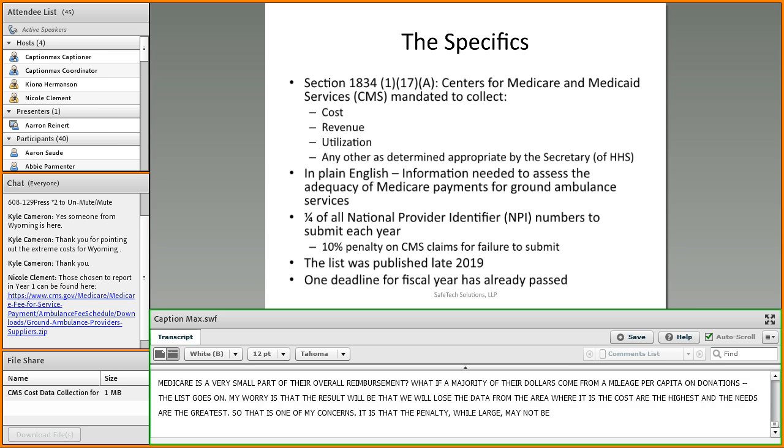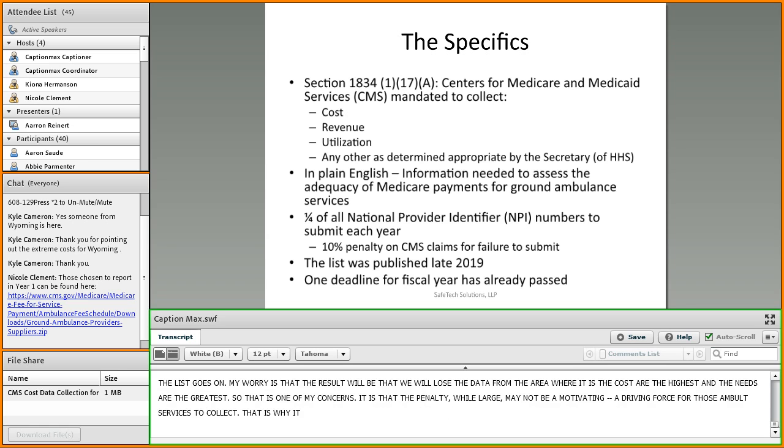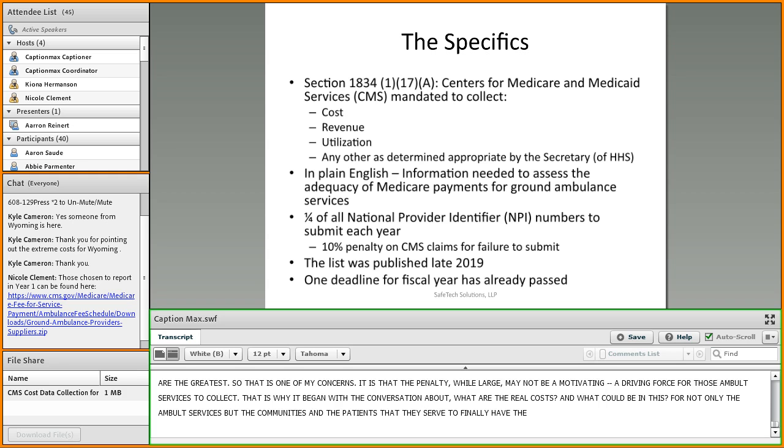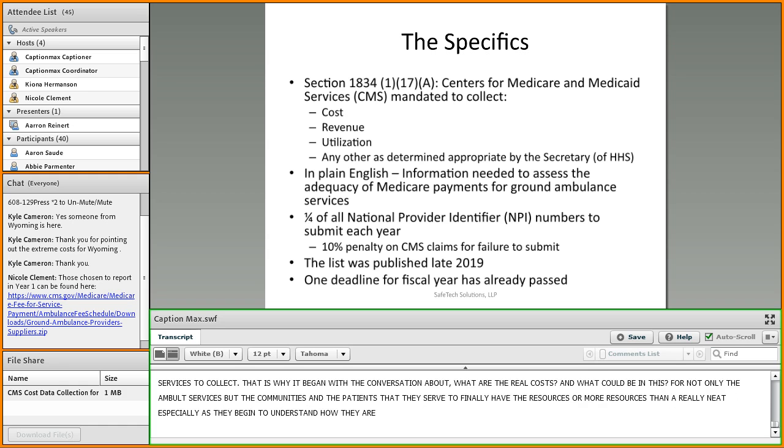What if a majority of their dollars come from a millage, per capita, donations, the list goes on. My worry is that the result will be that we'll lose the data from the area where the costs are the highest and the needs are the greatest. So that's one of my concerns, is that the penalty, while large, may not be a motivating, a driving force for those ambulance services to collect.